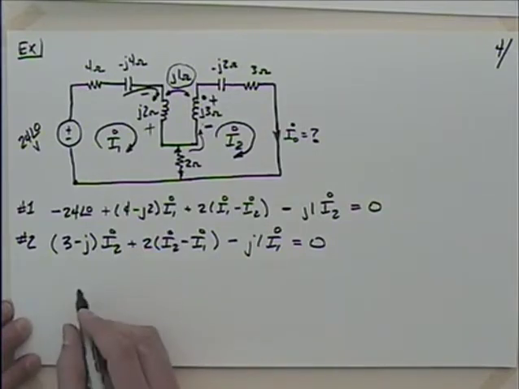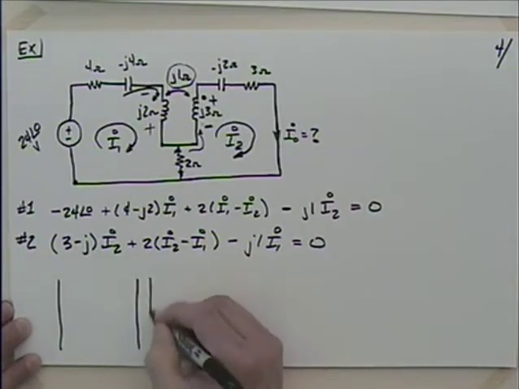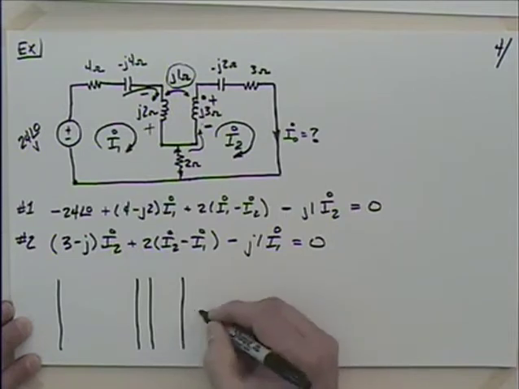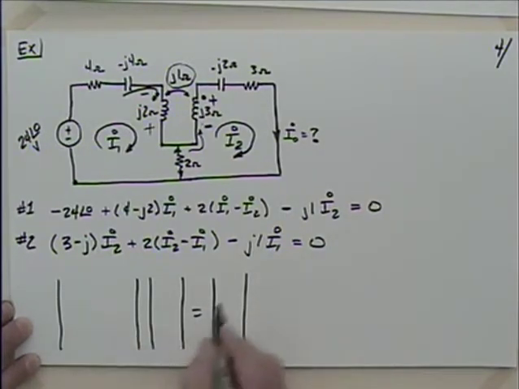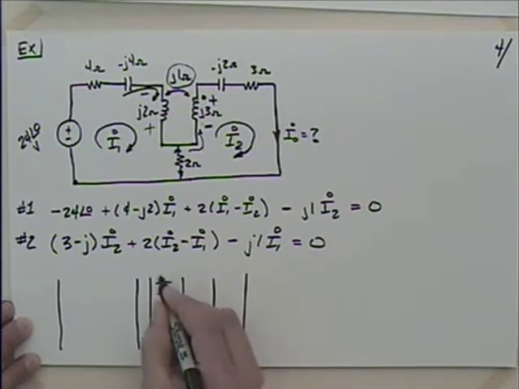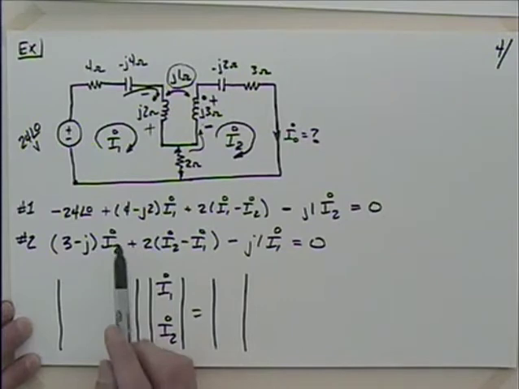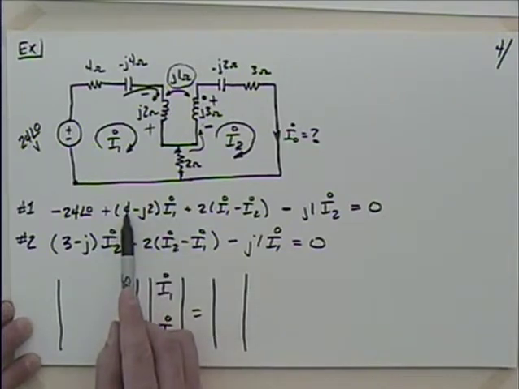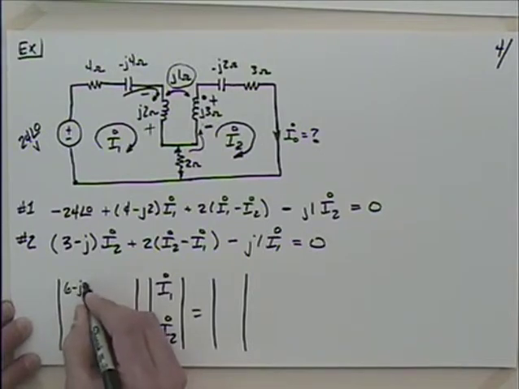We could tidy this thing up. What do I have for I1, I2? How many I1s do I have? 4 plus 2 is 6. 6 minus J2.